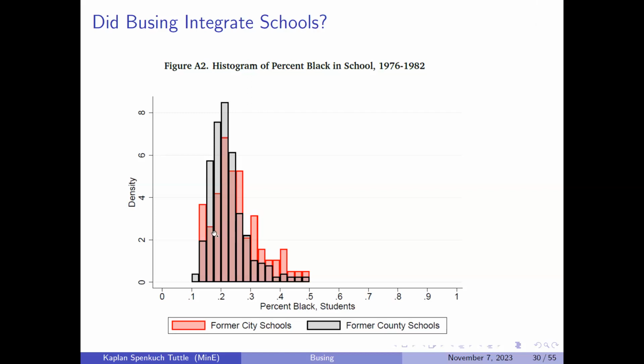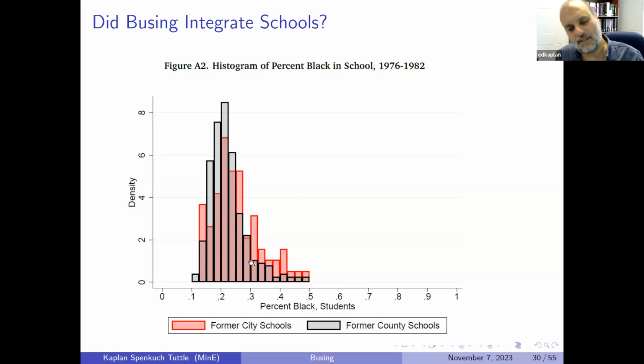So what you see here is a histogram of the fraction of Black schools in the former city schools, which were recipients of whites, and then the home schools for the whites out in the county. In red you see the former city schools, and in gray you see the former county schools.